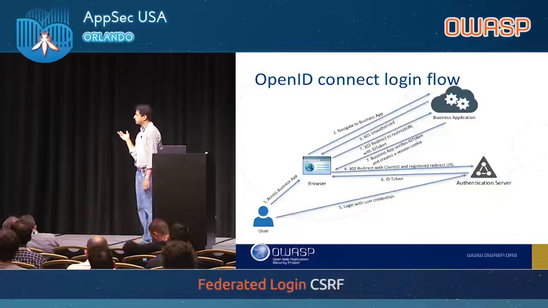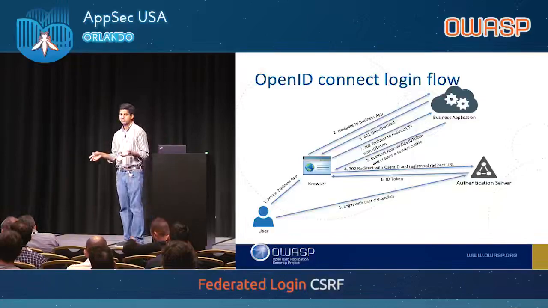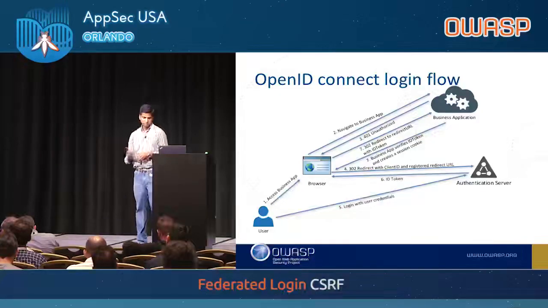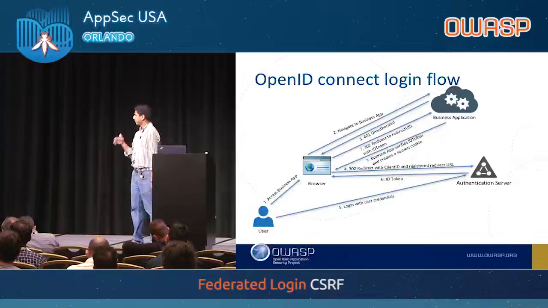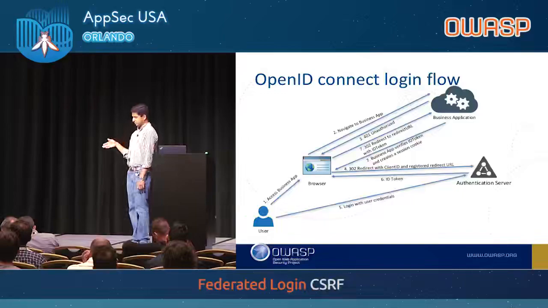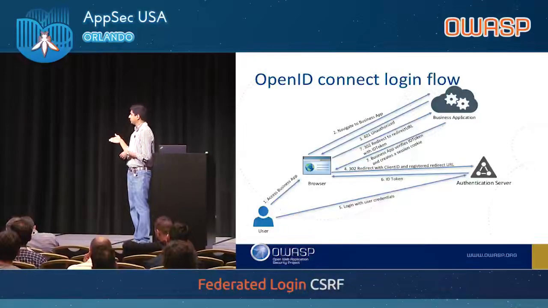The business application sees that there is no user session established currently, and it responds with a 401 unauthorized response. It would also probably try to redirect you to the correct authentication server, which might be a different entity altogether.